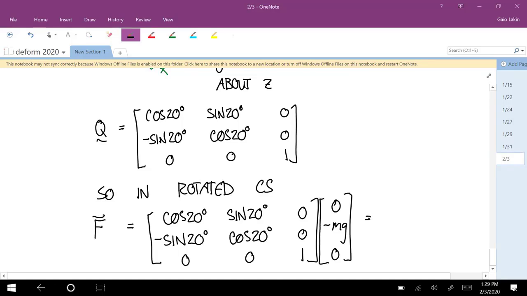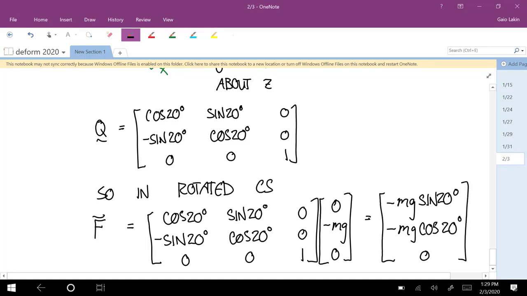You get negative mg sine 20, negative mg cosine 20, 0, which is what you would have gotten thinking it through in terms of triangle legs and stuff.